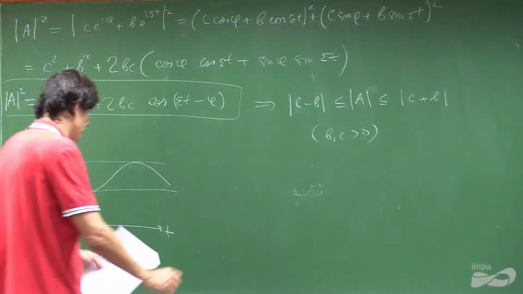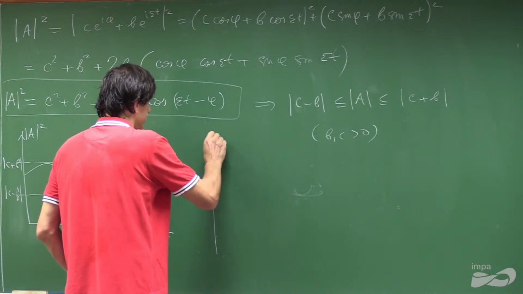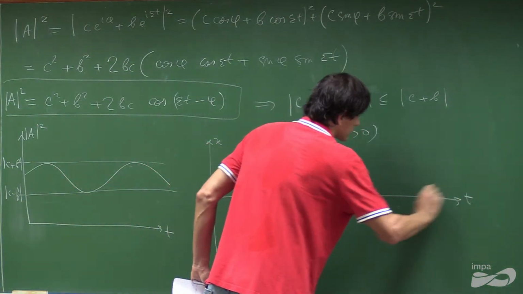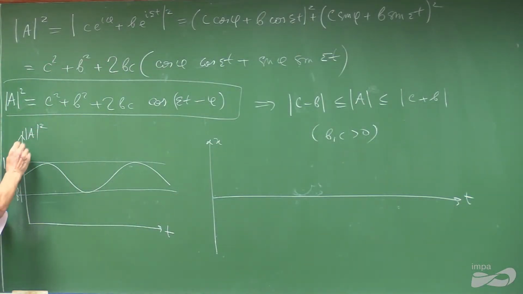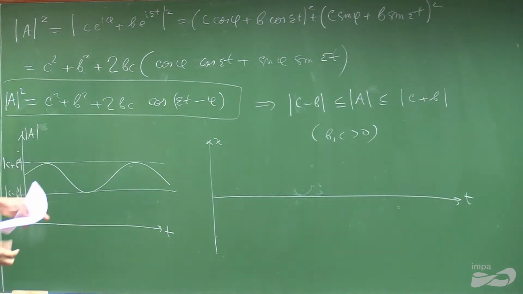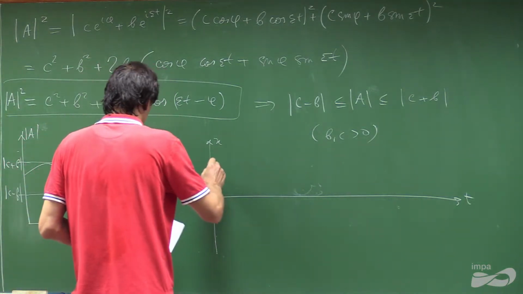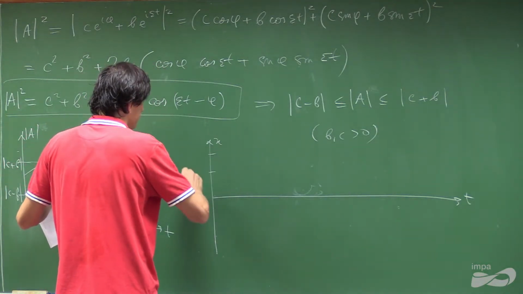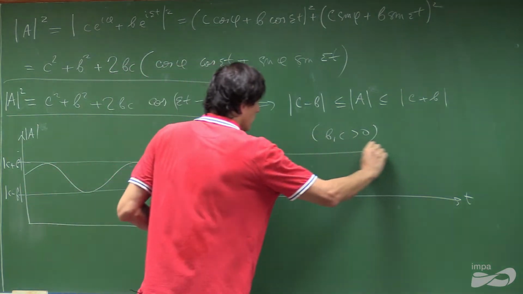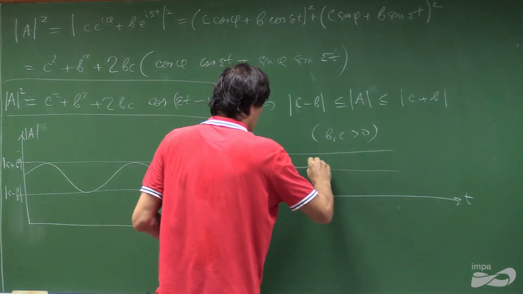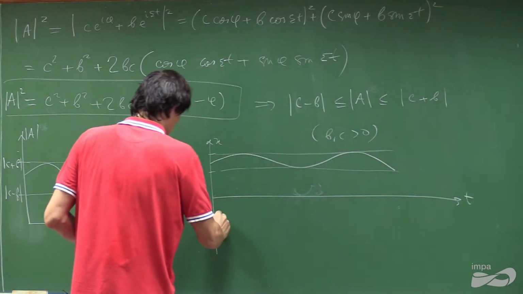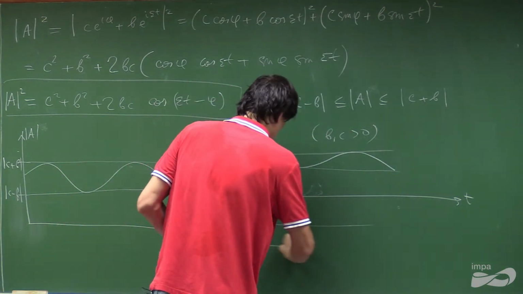And then the solution itself. This is A, so it's not a cosine, it's the square root of this quantity. It's not exactly a cosine. And then for x, we write this amplitude, and we write the same amplitude below, symmetrically.